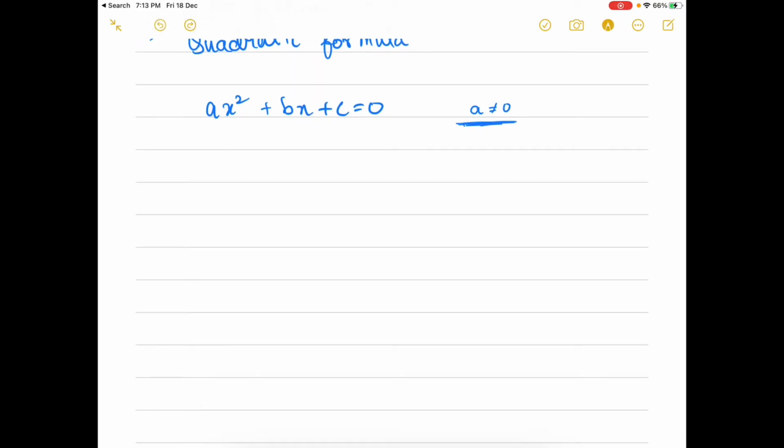To factorize this equation we have to split this term in two ways.